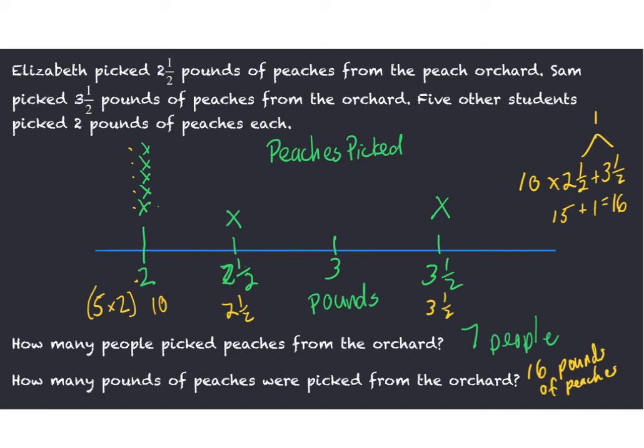So this is our line plot here. Today on your assignment, you're going to have some data in a table. You need to figure out what that data is about, and that's going to help you make your title for your line plot. Then you're thinking about what kind of units they put that data in. That's going to help you label your line plot. Then you're going to look at the data that you have.